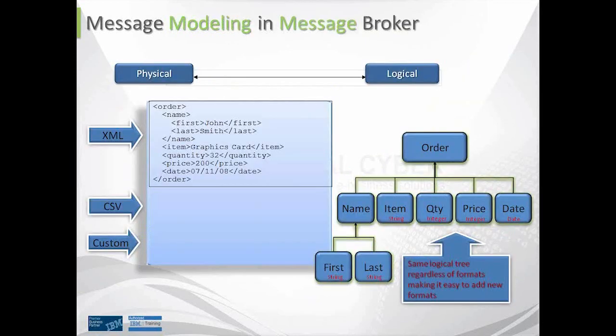Here is a representation of a physical message and the logical message. The physical message, if it is an XML, is a self-defining message where you can read through it, like you have an order, name, first name, last name, everything. Once it is parsed into the broker, it becomes a logical message.